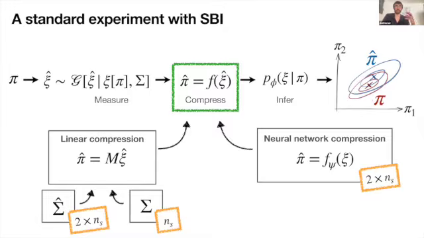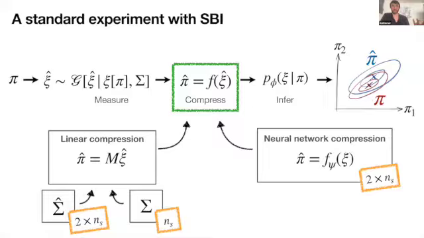And then within this linear compression, we have the case that we estimate the data covariance. So input into the whole experiment would be double the number of simulations in this case. And the reason for that is you estimate your data covariance with half of those, and then the other half of those simulations you train your generative model with. And then in the case that we know the data covariance, we only need to train our generative model. So we use half the number of simulations, just NS there.